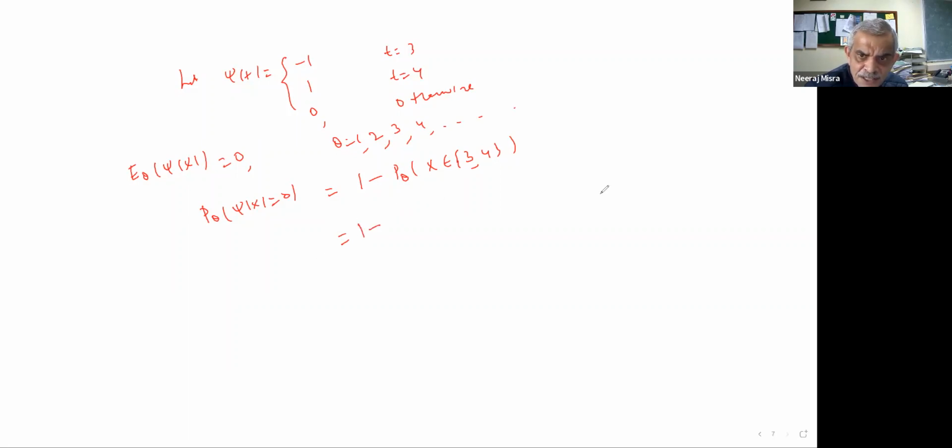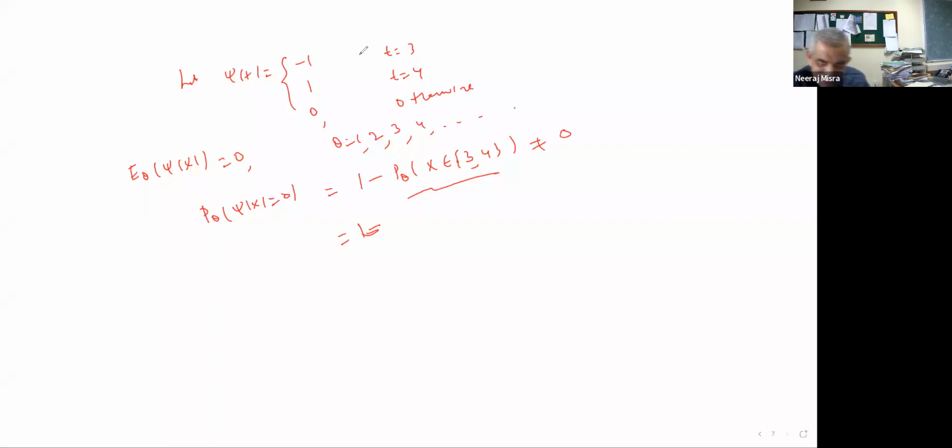And under theta, this probability that x is 3 or 4 is not equal to 0, right? Because these would be probabilities less than 1. This would be 1 by theta, 1 minus 2 by theta. Is that clear? Because psi is not 0 throughout. Just because you removed one of the points m naught, the only thing you are getting is psi of m naught plus psi of m naught plus 1 is 0. Not everything is 0.